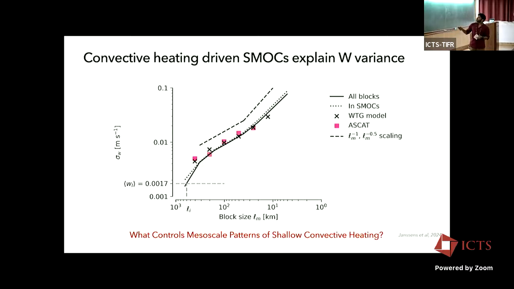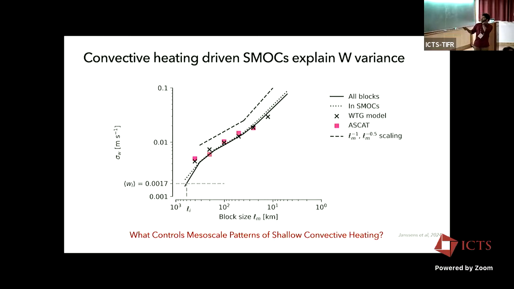The solid line shows the vertical velocity variance, so how vertical velocity values change through different scales. The solid line shows it for the LES. The dotted line shows it only for the regions where I mentioned there were dipoles. And so the smocks seem to be explaining all of the variability within the LES. So in the LES, we know that's working.